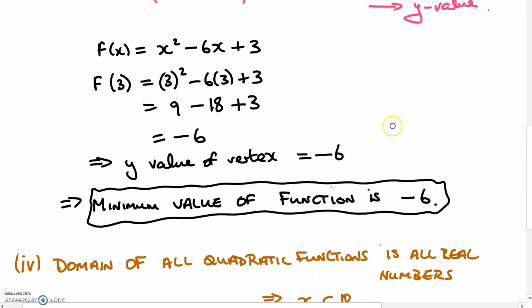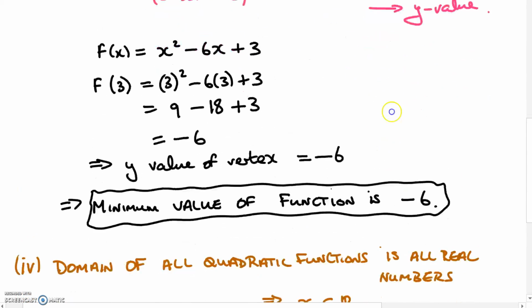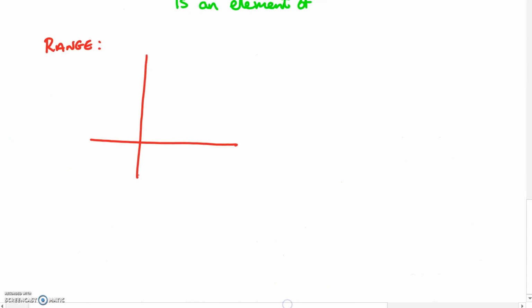Its vertex, the x-coordinate of the vertex was 3, and the y-coordinate was negative 6. So let's say that's 3, and let's say this is negative 6. Well, that's going to be the bottom.